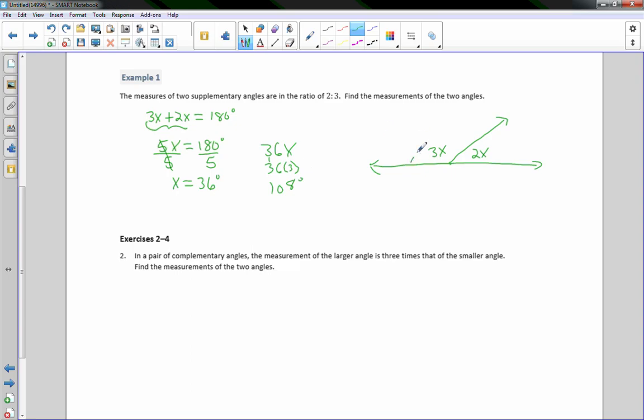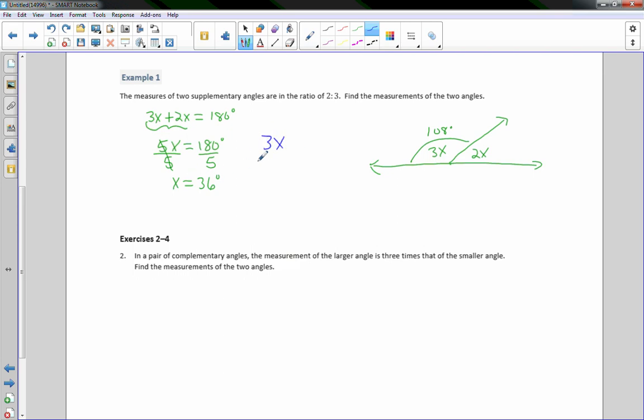So this portion is 108 degrees. Let me do this again, my apologies. Okay, so we have 3x.